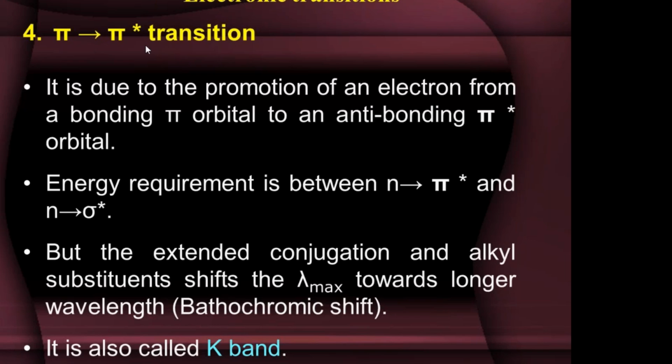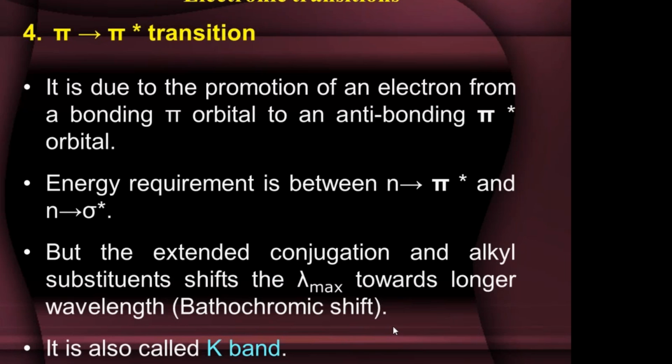In case of pi to pi star transition, if the conjugation is being extended in the molecule, or you have conjugated double bonds, or you have any alkyl substituents added to the molecule, then you will see the wavelength of absorption shifting towards longer wavelength.